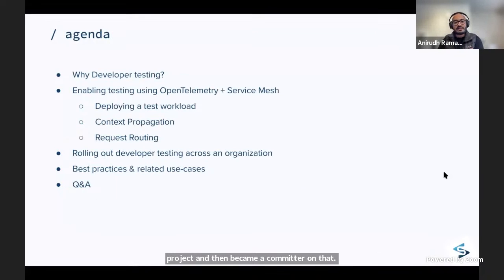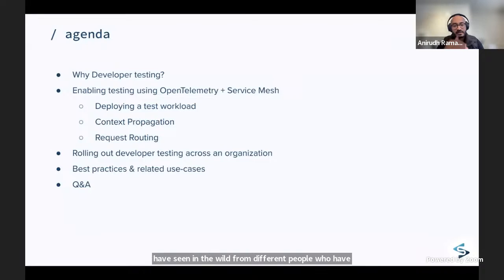So the agenda here: I'm going to talk about why developer testing matters, how we actually enable that, using OpenTelemetry plus Service Mesh, and how you can bring these two components together to get really comprehensive testing for your microservices, how such a system can be rolled out across an organization, and then a little bit of best practices from what we have seen in the wild from different people who have built such a system in-house.